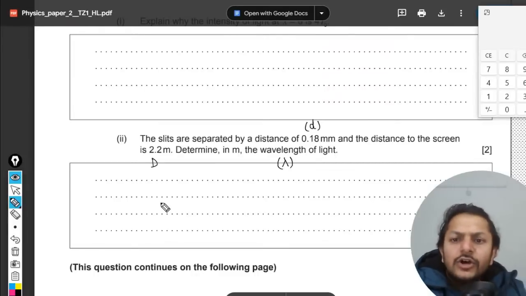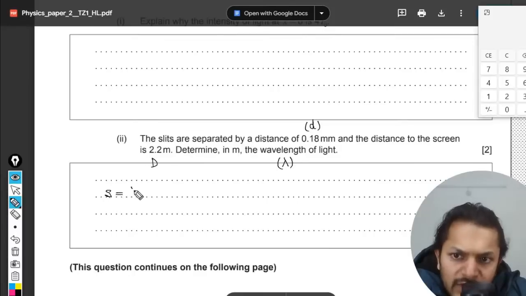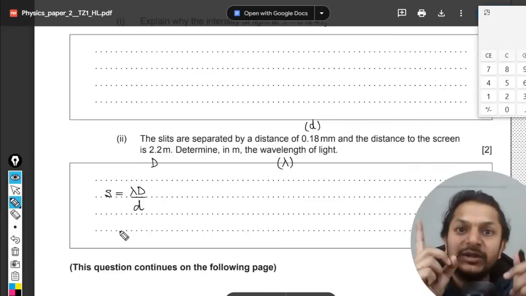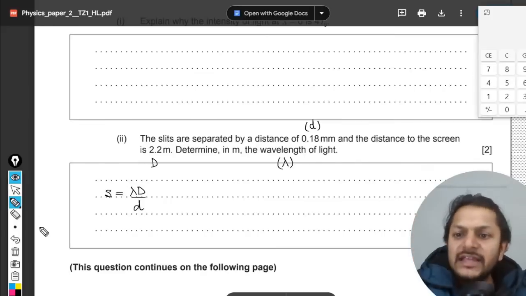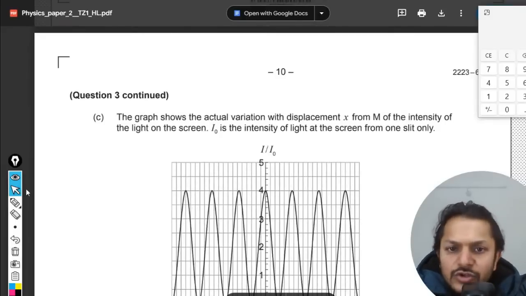Okay. So in this case, we are going to use the formula for the spacing, and that is this. And the spacing is defined as the distance between the two maximum points in the interference pattern. So this is the formula that we would be using here.